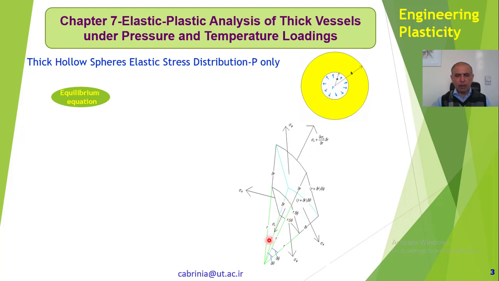of obviously sigma r plus partial sigma r partial r delta r, and in the hoop direction we have sigma theta and sigma phi, and in this direction also we have sigma phi. In the hoop direction we have sigma theta.